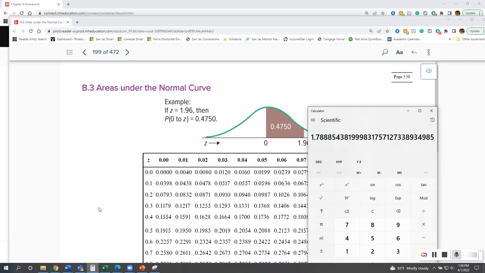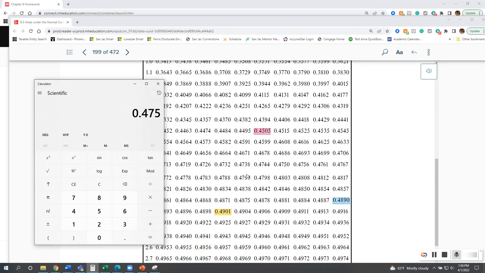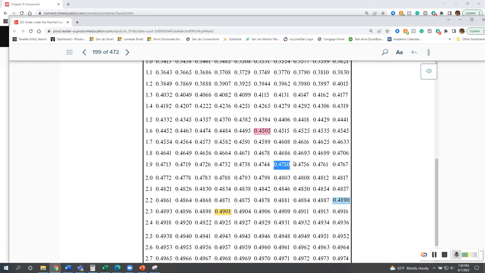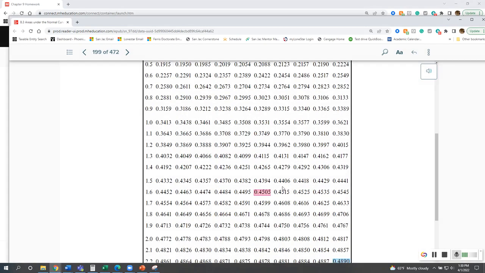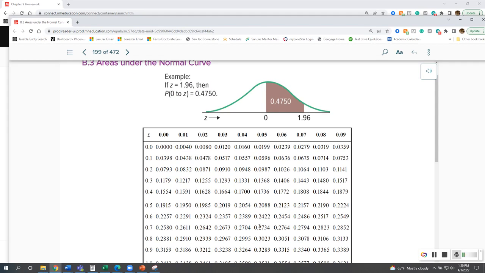In order to find your z-value, you have to take whatever confidence interval you got and divide by 2, which is 0.95, so 0.475, and then we have to find it. And there it is. So that is 1.96. Even though it says up here, it's good to do in case you got like 99 or other z values.